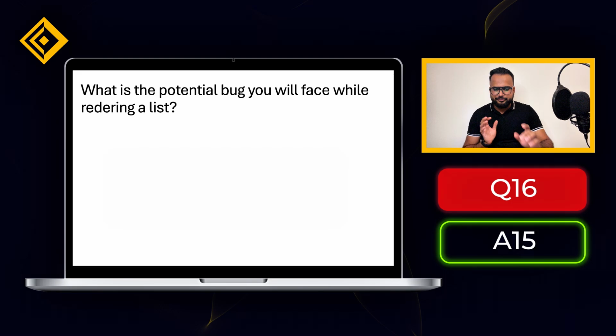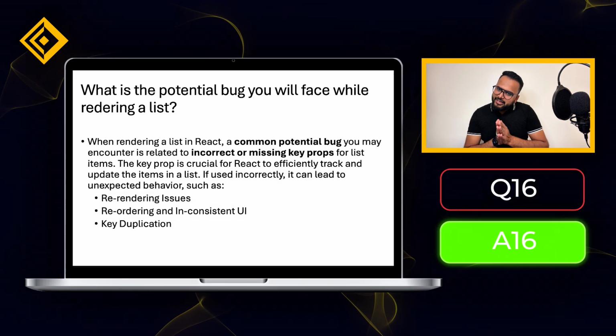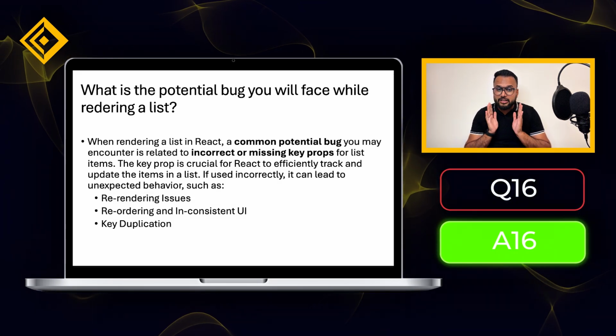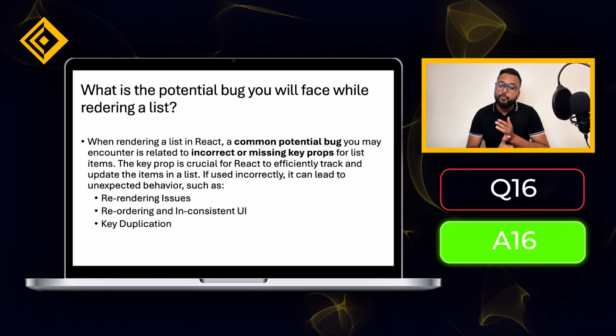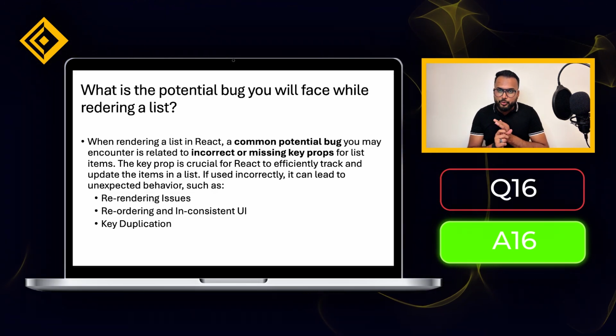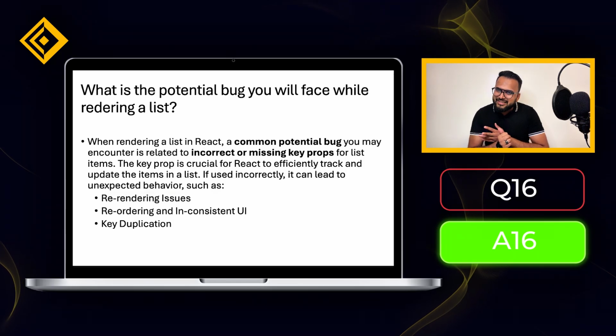So when rendering a list in React, a common potential bug you may encounter is related to incorrect or missing key props. Whenever you are iterating over the array and mapping items to JSX elements, you sometimes forget the key or you pass an incorrect value for the key.